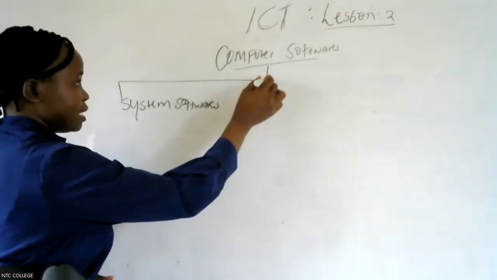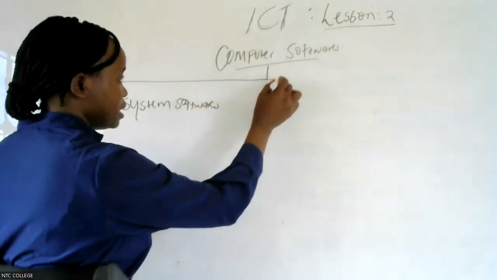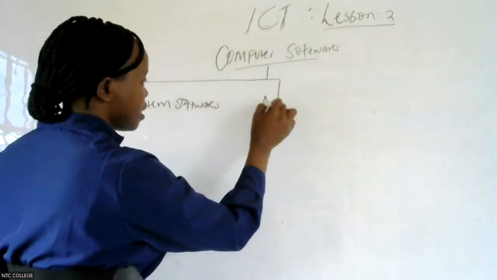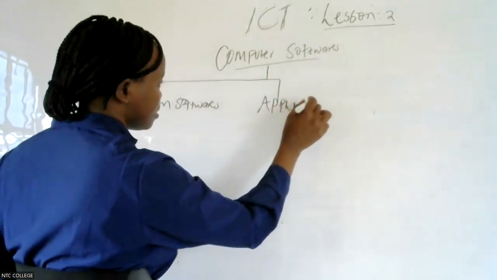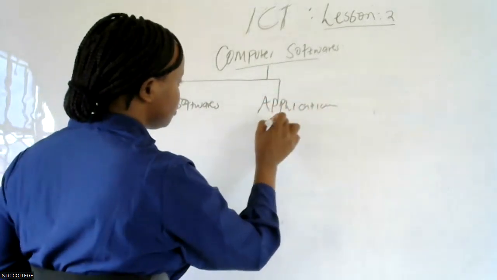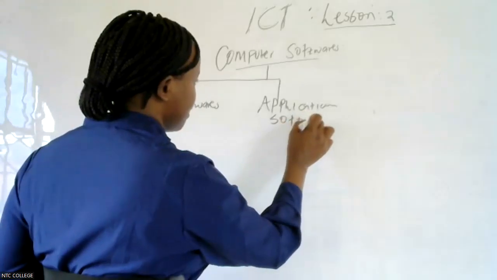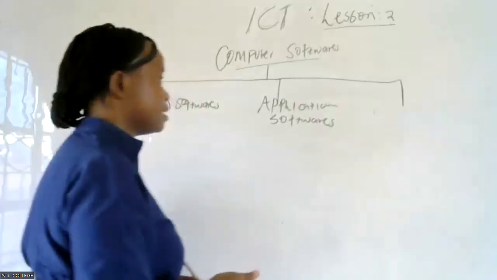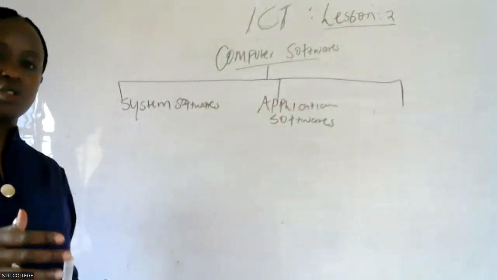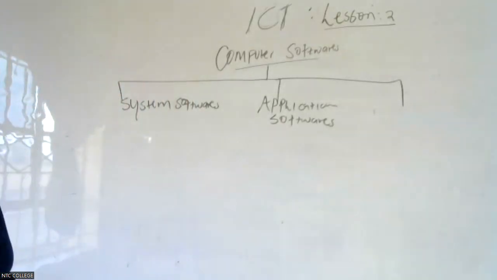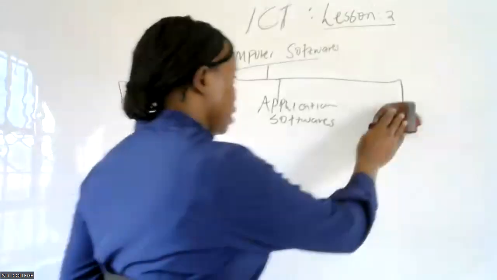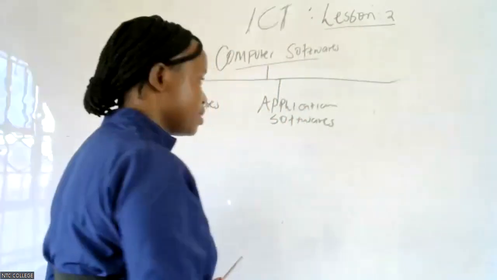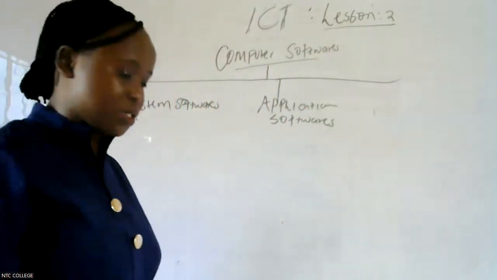The second category is split into what we call the application softwares. And then I've checked your notes. Some of the contexts talk about the 2 branches as either system in terms of the softwares and also the application.